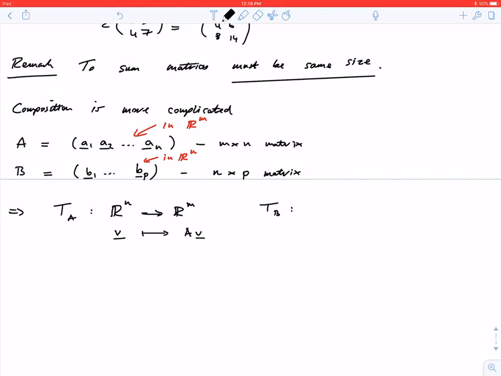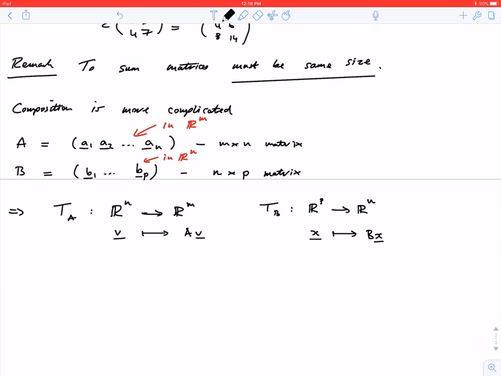Well, TB is a bit different. It sends a vector from RP, is that right? Yes. To Rn. It's really easy to get this messed up. What does it do? Well, I take an X here in RP, that sends that across to BX.